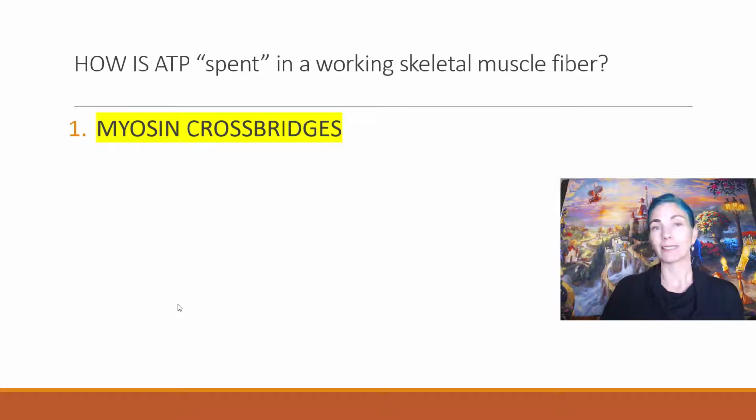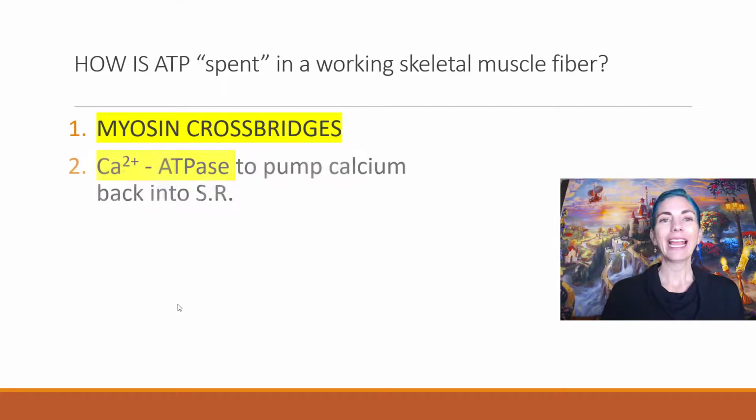In other words, it has the biggest bill in terms of how much ATP it takes to run a muscle fiber. That is because every myosin head spends 1 ATP to do 1 cross bridge cycle, and there are lots of cross bridge cycles and lots of myosin heads. In addition, calcium ATPase uses ATP to directly pump calcium back into the sarcoplasmic reticulum.